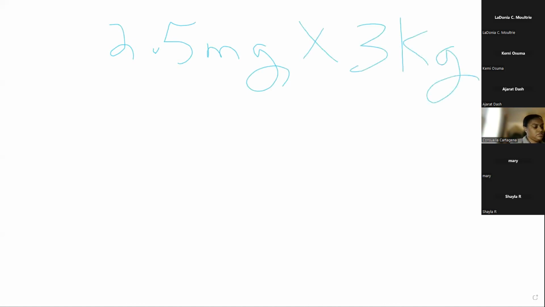Now, sometimes it's just going to ask you to calculate the desired dose. So if it asks us to calculate the desired dose here, we're going to take our ordered dose, which is 2.5 milligrams, and we're going to multiply that times our weight, which is 3 kilograms.